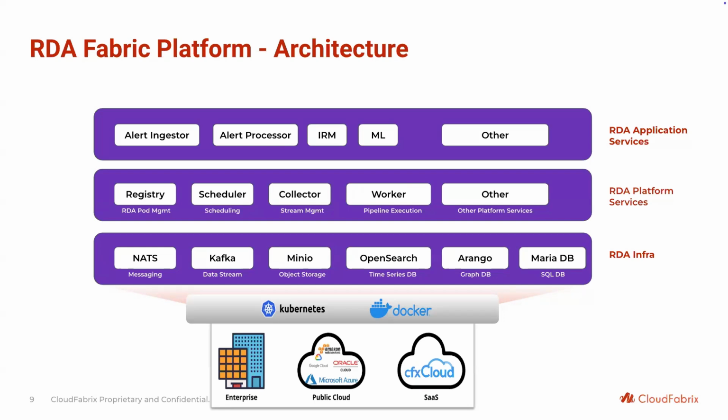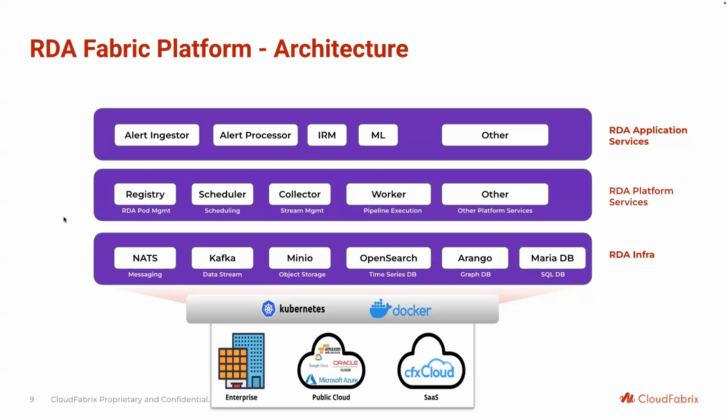It has three primary layers. One is the infrastructure services, then we have our core platform services, and then we have our application services on top of them. All of these services are microservices, deployed as containers.